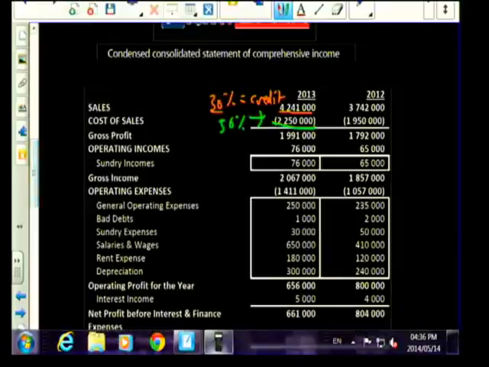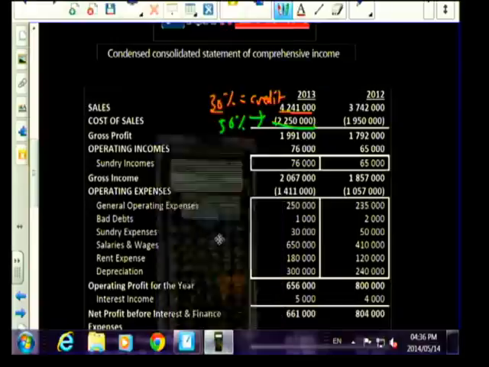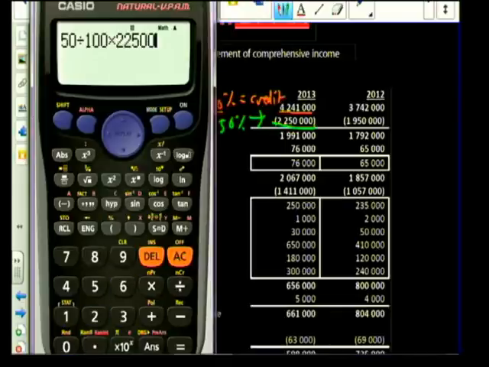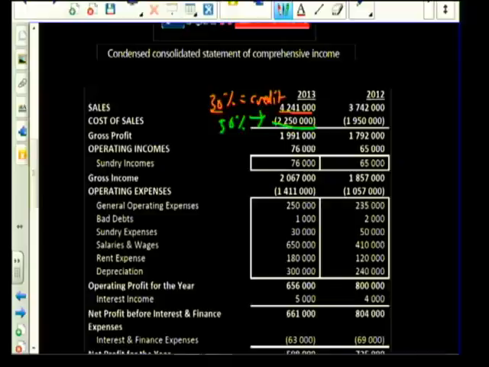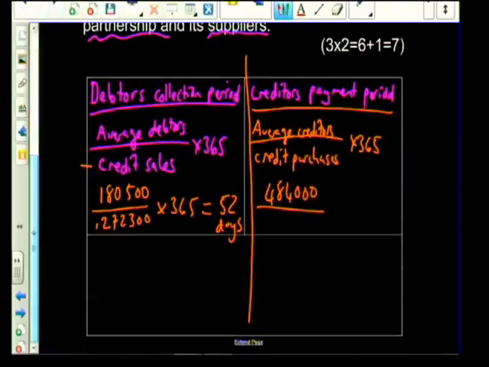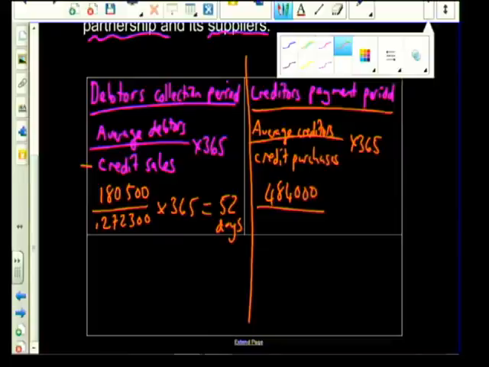So let's do that on the calculator. We're going to need 50% times by the 2.25 million, which gives me my credit purchases of 1,125,000, and let's fill that in our space here. So that is our denominator of the fraction, 1,125,000, and we'll multiply that by 365.